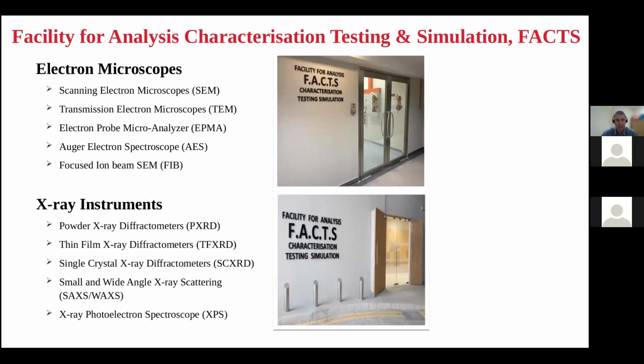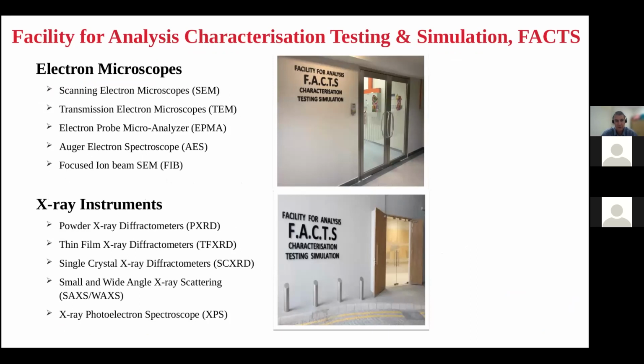So let's start with the facilities that I have been using. I'm using the facility of FACTS, which is the Facility for Analysis, Characterization, Testing, and Simulation. This facility is located in the MSE building, in building N4.1, and in the ABN building. On the top image, you can see the entrance of the facility in building N4.1.